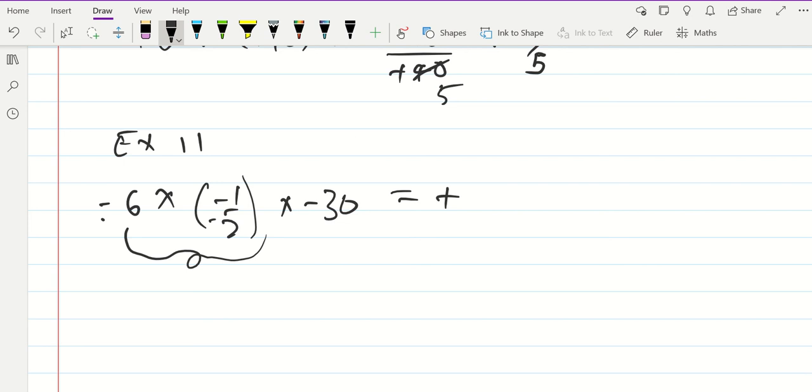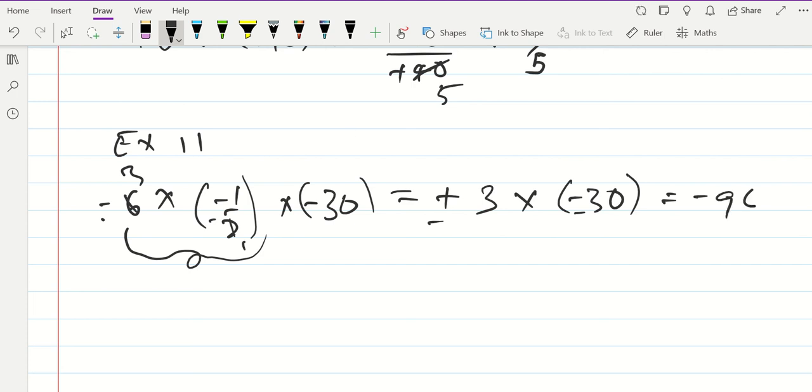So that becomes positive. Then 6 divided by 2, that's 3. So you're going to have +3 multiplying -30. So it's a positive and a negative, so it has to give you what? A negative. Then 3 times 30, that's 90. So that becomes -90. And that is our last example for today.